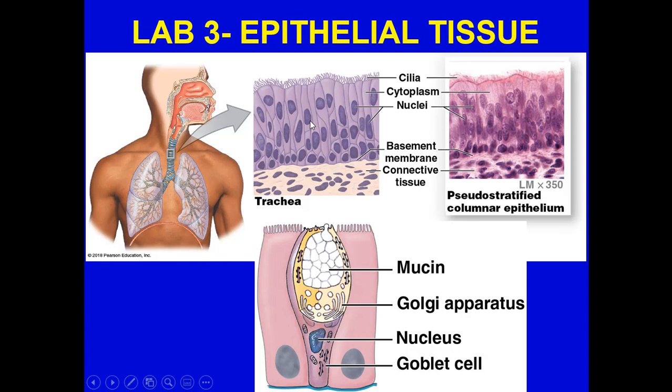Now, this is where it's going to get a little bit tricky, but you should be able to pick it up pretty quickly. Look at the upper adaptation here. This is cilia. These are the pseudostratified, and they call it columnar epithelium. They look column-like, but you know what? This is not sitting on top of this cell. This cell is stretched just a little bit, and the rest of this cell is still attached to the bottom.